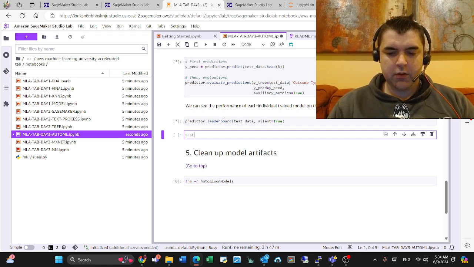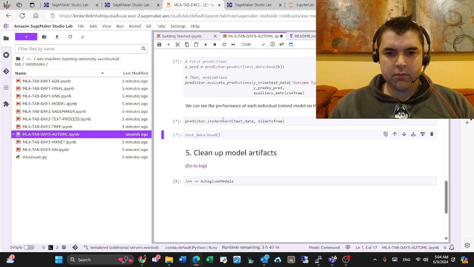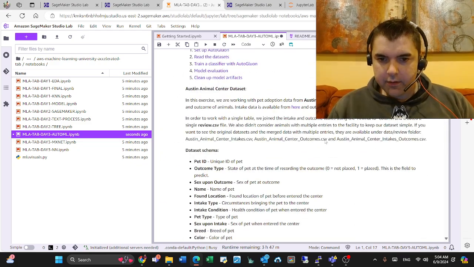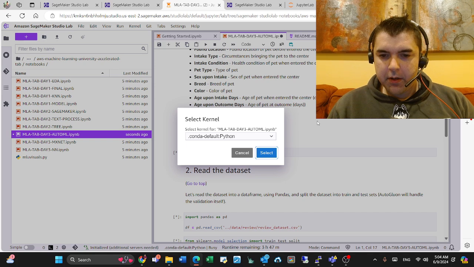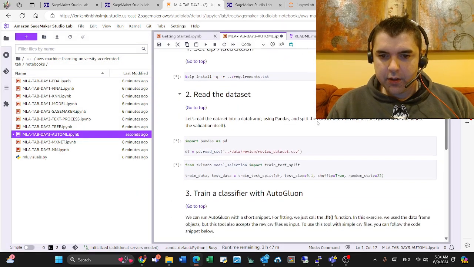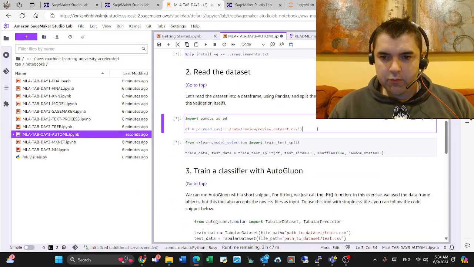Test data dot head. Okay, I guess this isn't actually running. It says it's connected to the kernel, but it's not actually running.